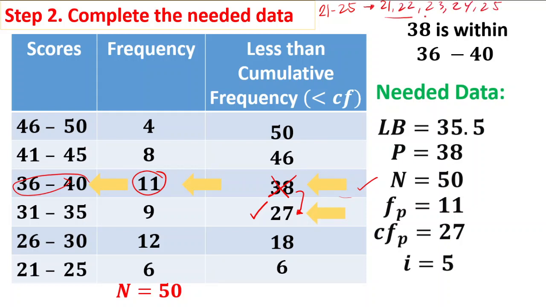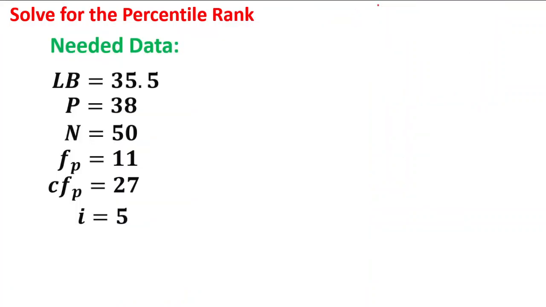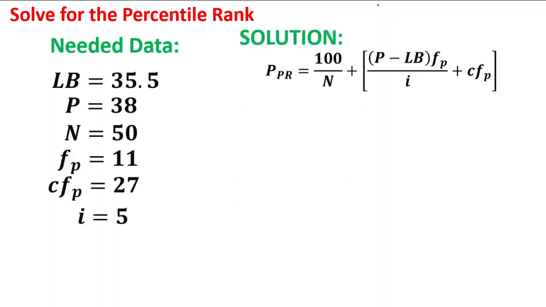So, ilang scores lahat ito? Isa, dalawa, tatlo, apat, lima. So, the size of the class interval is 5. Okay? Next, we will now be substituting this in our given formula, in which capital letter P is 38, N is 50, lower boundary is 35.5, and so on.